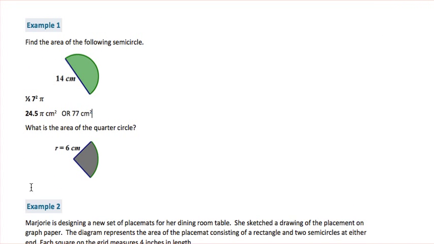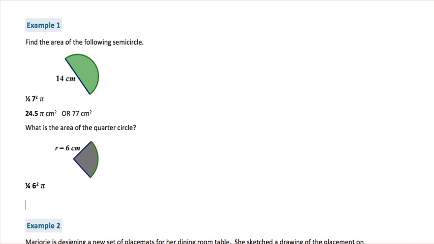In the quarter circle, they've given us the radius, and so our formula is 1/4 times our radius squared, which is 6 squared, times pi, or 9 pi square centimeters.